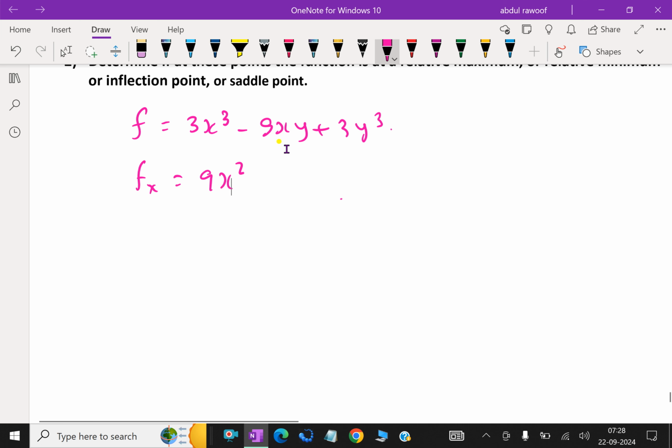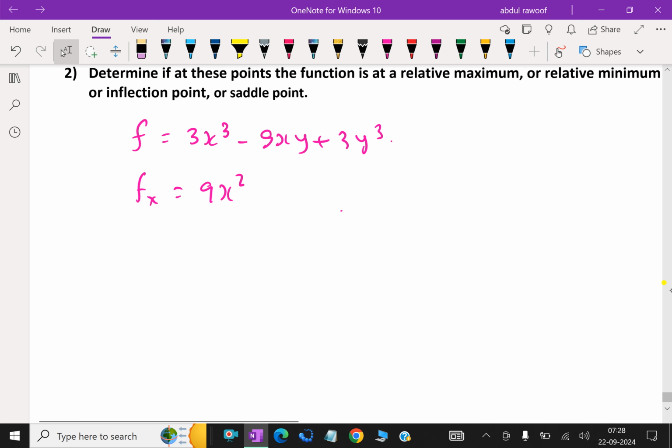The partial derivative of 9xy with respect to x is minus 9y, and the differentiation of 3y cubed is 0 because it is with respect to x. Separately equating to 0 gives the condition y equal to x squared, since 9 and 9 cancel. That is the first condition.